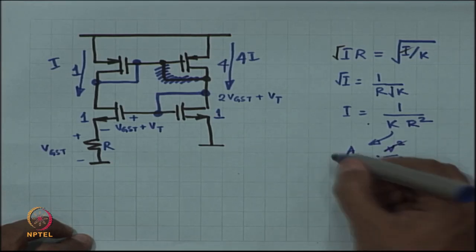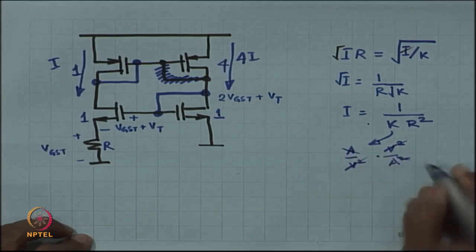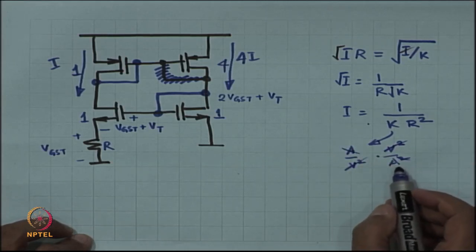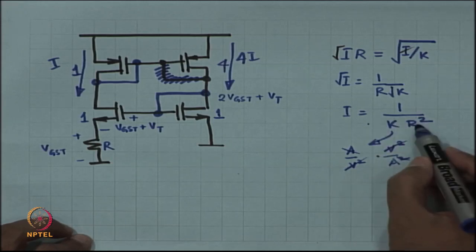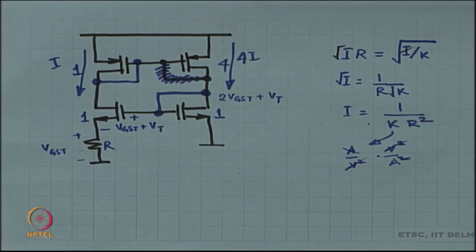So, net result is 1 by ampere in the denominator, which means that in the numerator you get amperes. So, the dimensions are correct. The entire expression, the dimensions are correct. So, we are on the right track.